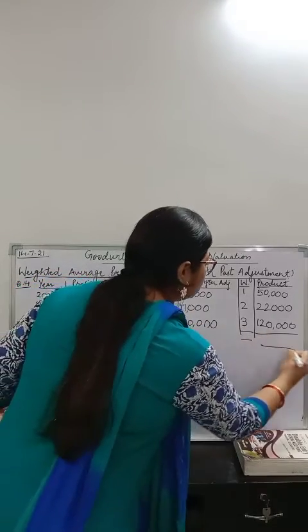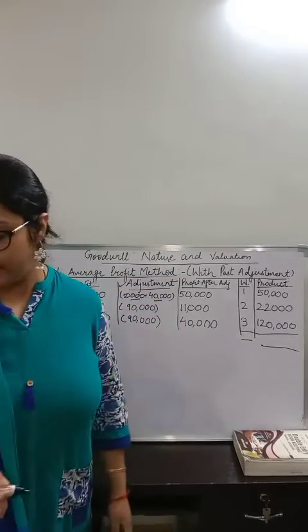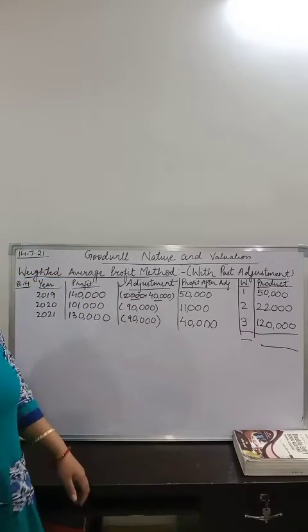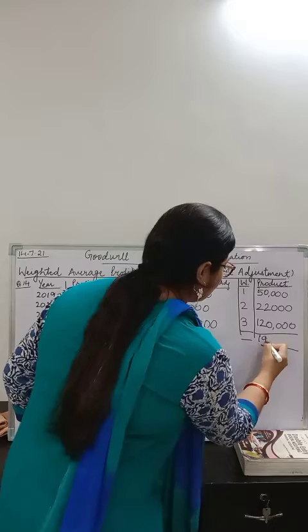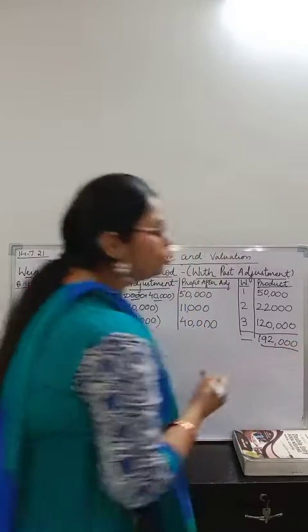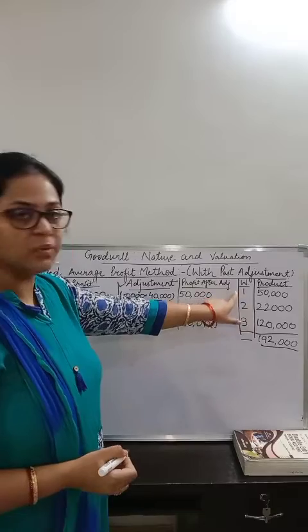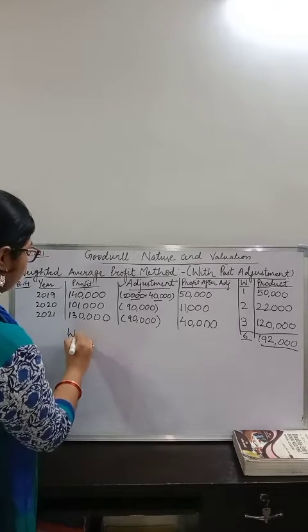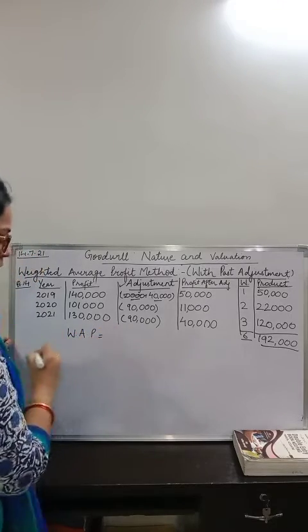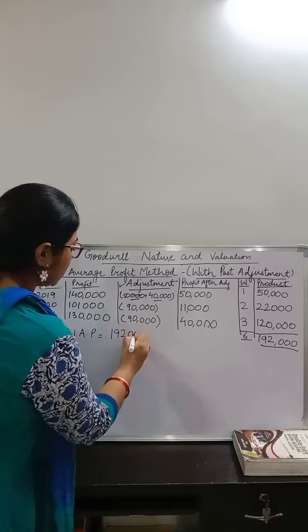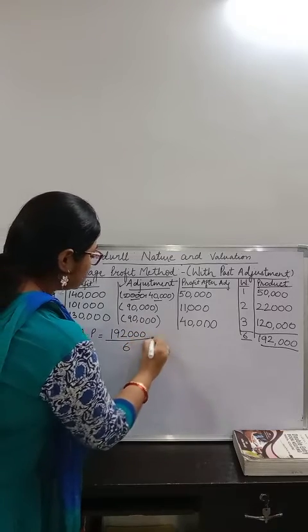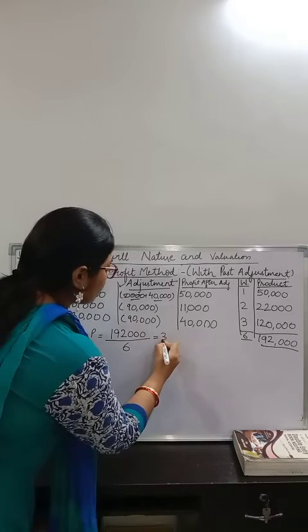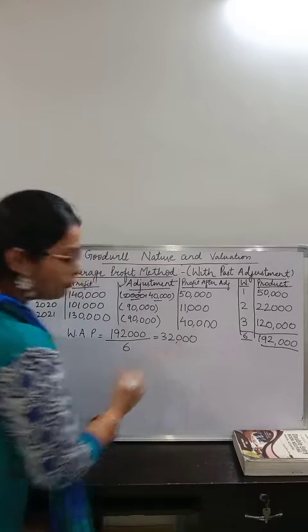Now let us find out the sum of these two columns like we had done in the previous question. So 50,000 plus 22,000 plus 1,20,000 will be 1,92,000, and 3 plus 2 plus 1 will be 6. Now your weighted average profit is 1,92,000 divided by 6, which is equal to 32,000 rupees.